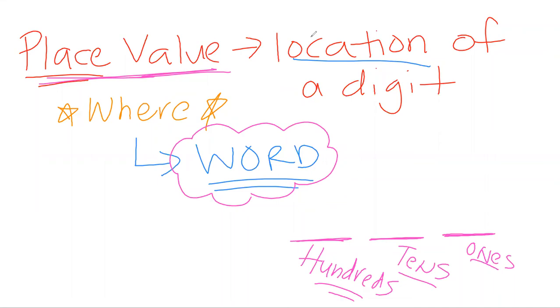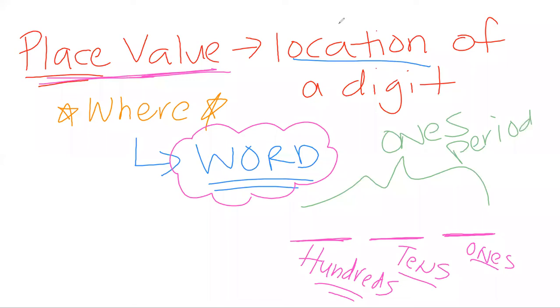One really cool thing that we need to understand about place value is that a group of 3 place values we call a period. So this is known as the ones period. It's this group of ones, tens, and hundreds. But as we move into the next period, let's think about that next period of numbers, 1, 2, 3. These place values are in a different period. They have their own names, place values, right? So ones, tens, hundreds, and this is thousands, this is the 10,000s.